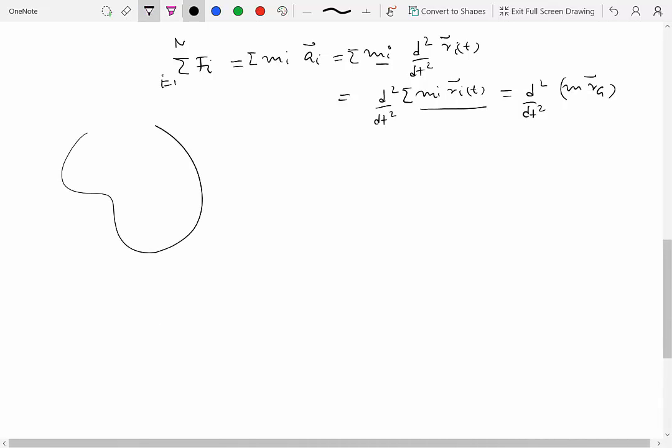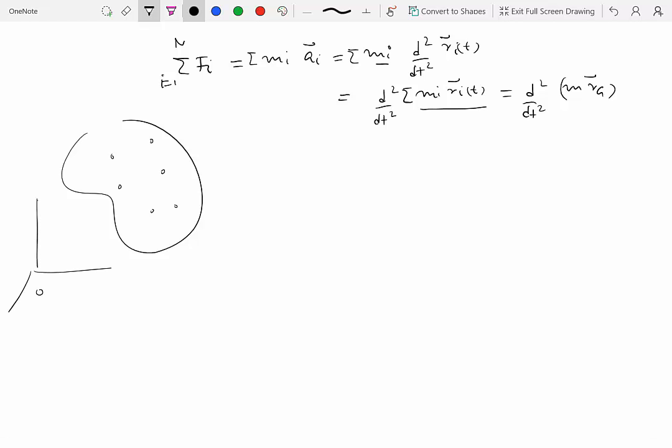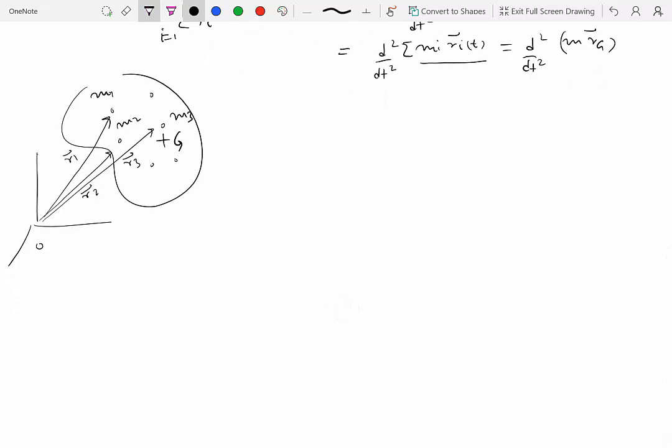So if I have a bunch of particles and I pick a coordinate system and indicate their positions, let's say r1, r2, r3, and so on, and I know their masses m1, m2, m3, and I want to find out where the center of mass of this system of particles is, given by this position vector r sub g, then it is obtained by multiplying each of these masses with their position vector and adding them together, and that is equal to the sum of all the masses, which I will call the total mass, times the position vector of the center of mass.